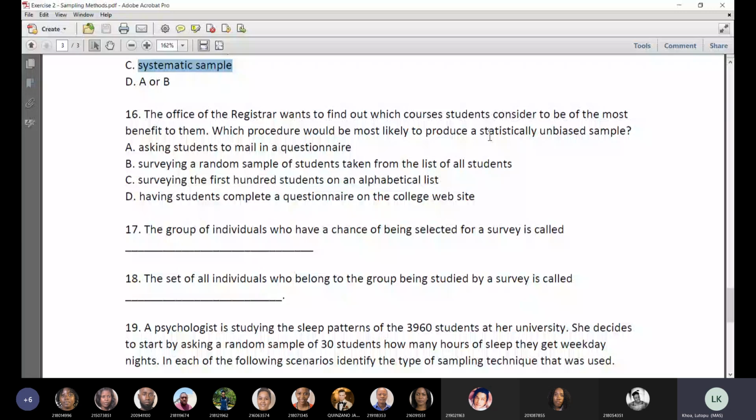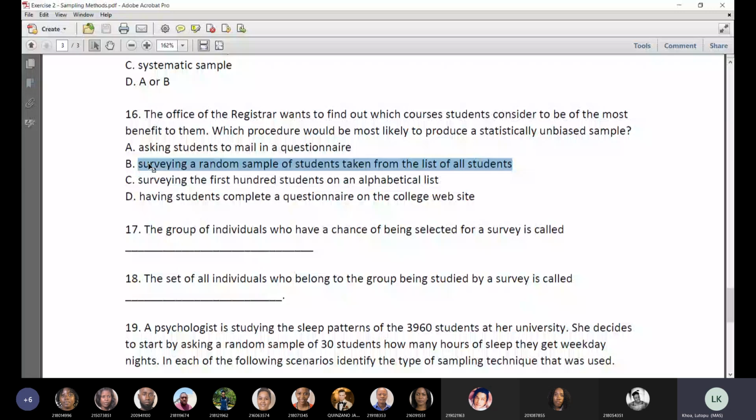The people who usually mail things back, they're angry about something, they want to report something, so probably not. Surveying a random sample of students, taking from a list of all students. I'm liking this one, because you have the list of all the students, and the Office of the Registrar would have a list of all the students, and then they can pick from those.